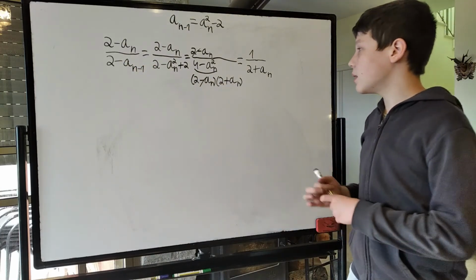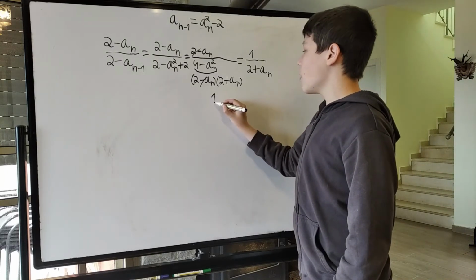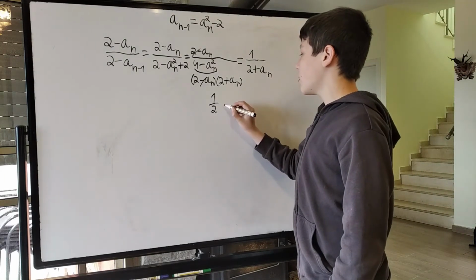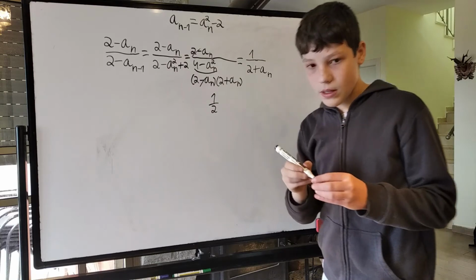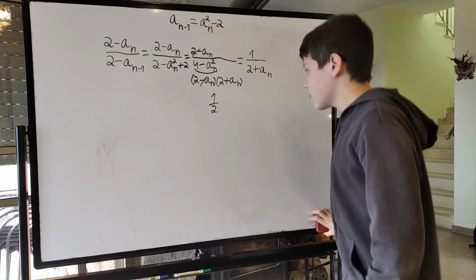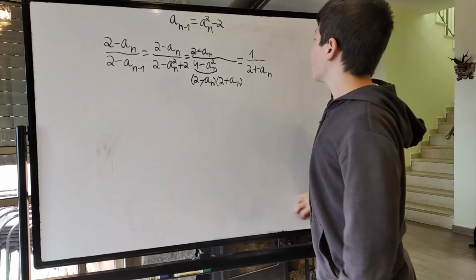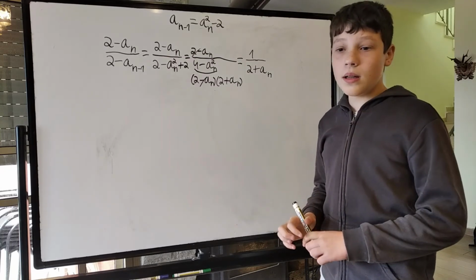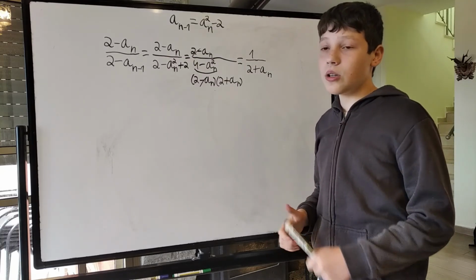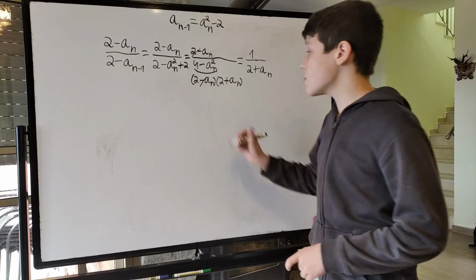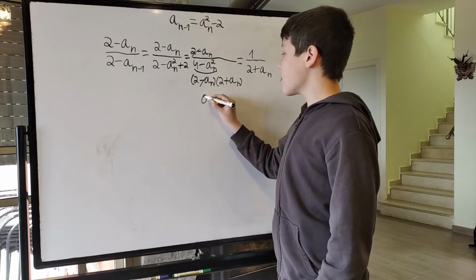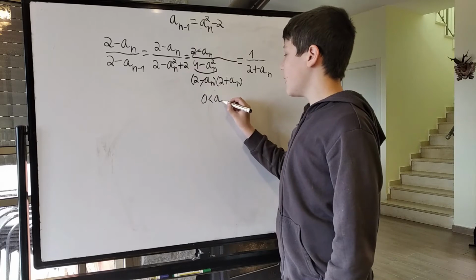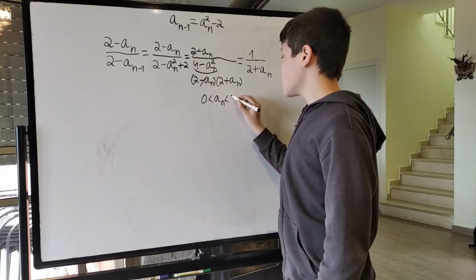So now let's use what we found out last board, that a_n is between 0 and 2.